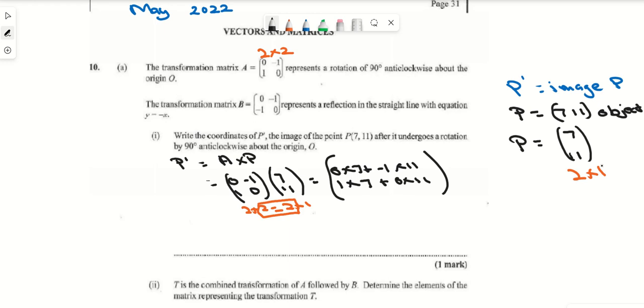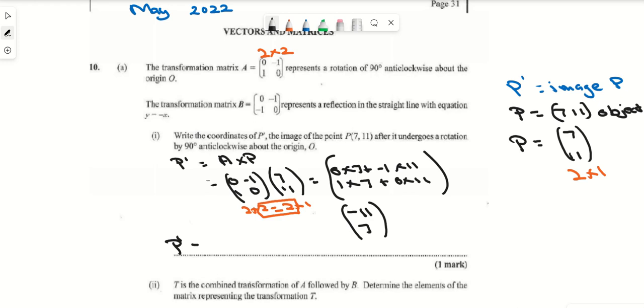And that would be an answer here. So 0 by 7 is 0, minus 1 by 11 is minus 11. 1 by 7 is 7, plus anything multiplied by 0 is 0. So this would be 7 here.